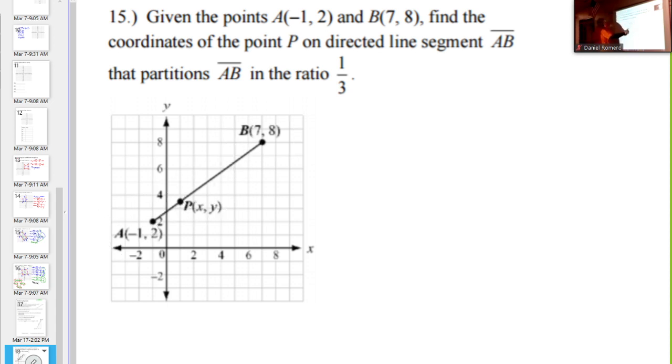So here's what you're gonna do. You have to pick one point as your first point. Assuming that we're going to go in alphabetical order, let's say that this is the first point and this is the second point. Think of this as being the starting line, and then B is the finishing line. You're going to get the x of the first point. What's the x of the first point? Negative one.